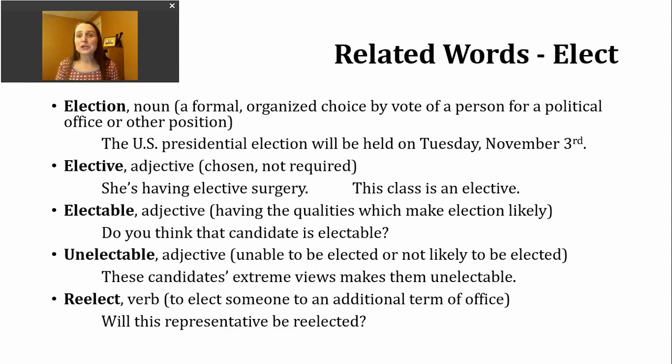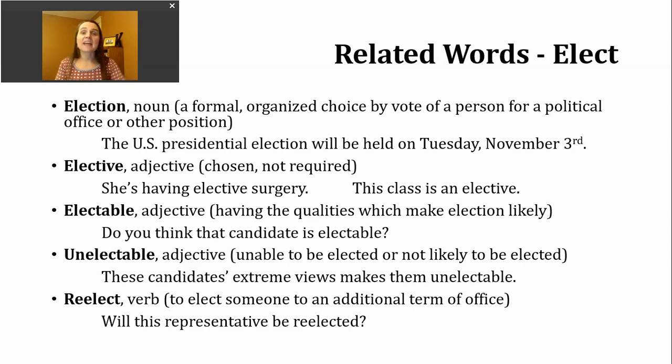The last word we're going to look at here is re-elect. It's a verb, and it means to elect someone to an additional term of office. So once a person is selected, so people vote, they win that particular election, right?